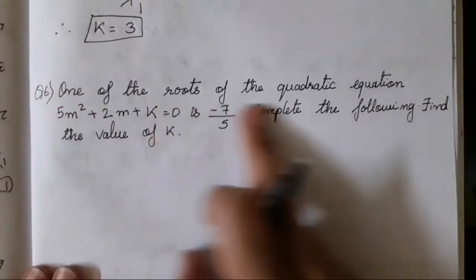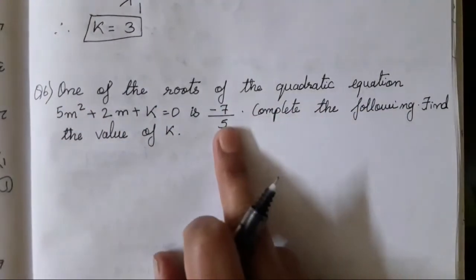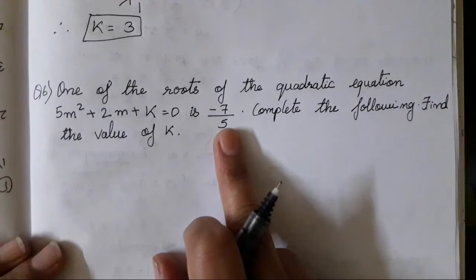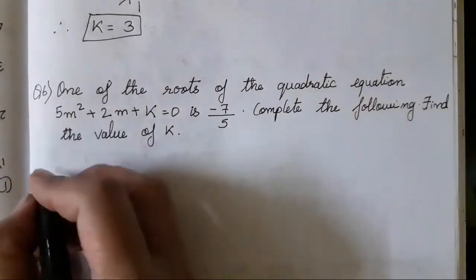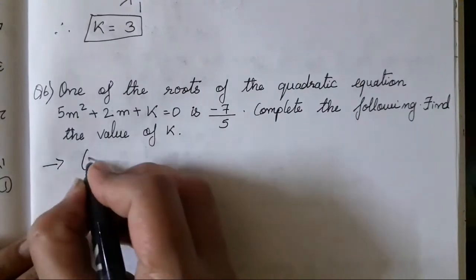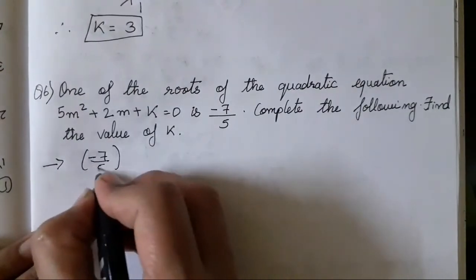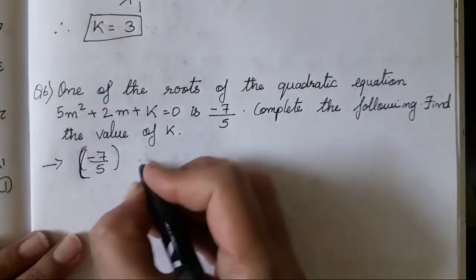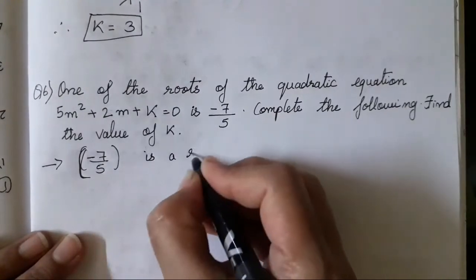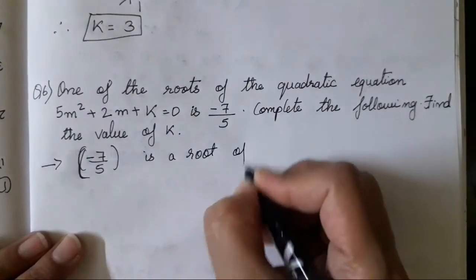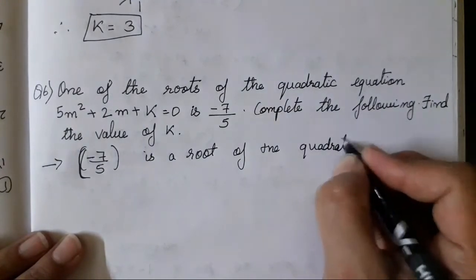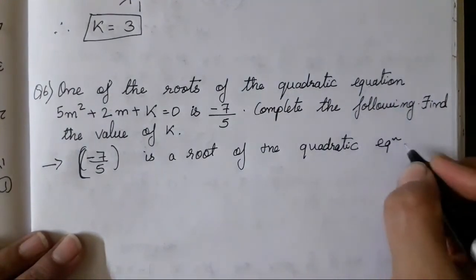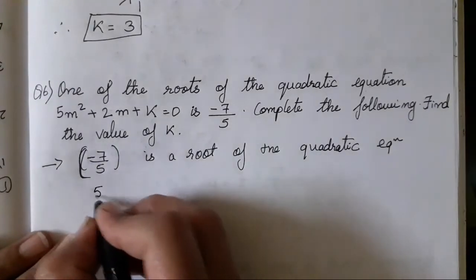One of the roots of the quadratic equation is minus 7/5. Complete the following, fill in the blanks with the value of k. Same as we did the fifth sum, we have to do, but in the form of fill in the blank. Minus 7/5 is a root of the quadratic equation, which is already given in the question.